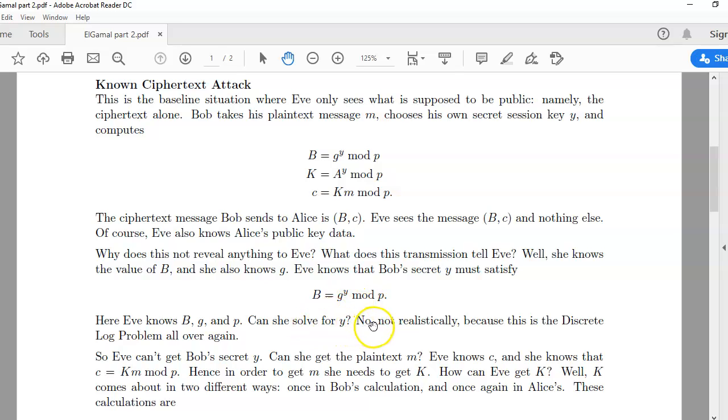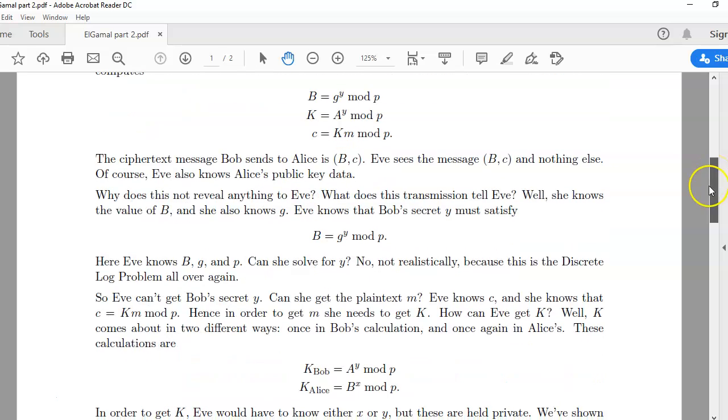The answer is no, not realistically, because Y is a discrete log of B. So this is a discrete log problem all over again. From the public information B, G, and P, Eve cannot derive the private Y, because that is secured by the hardness of, once again, the discrete log problem, which is exactly what we saw in Diffie-Hellman.